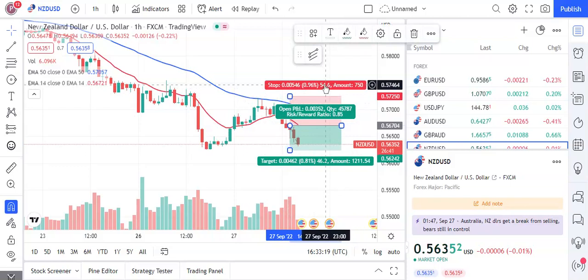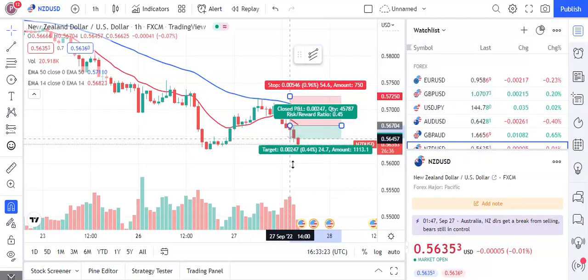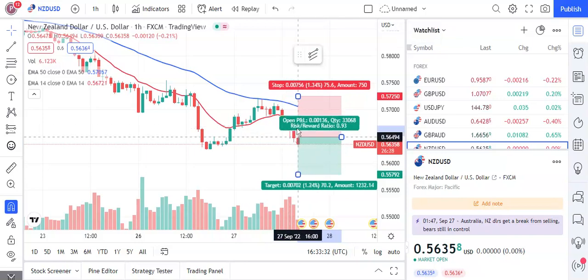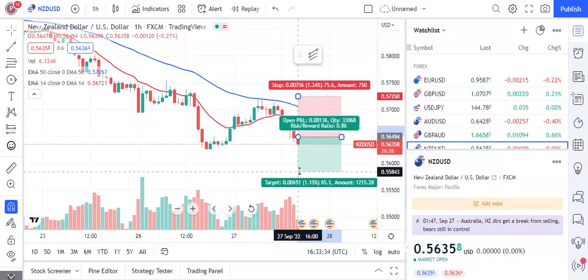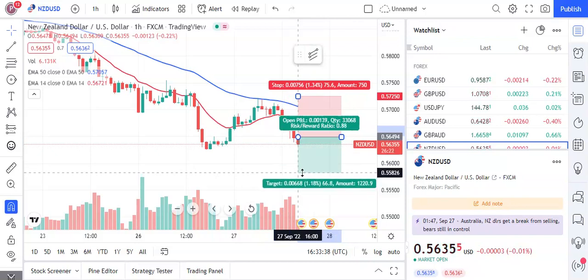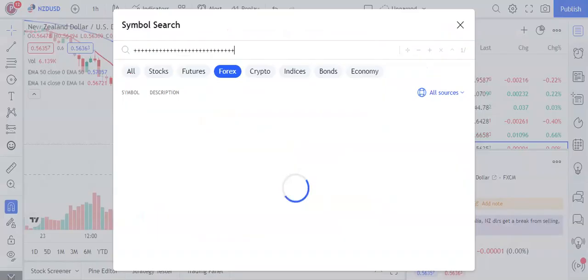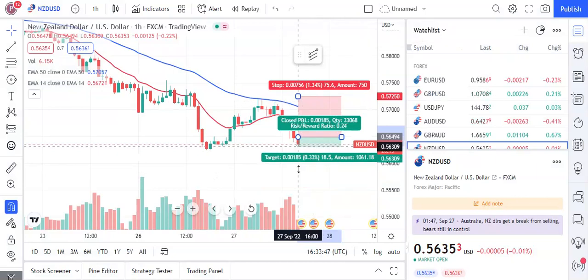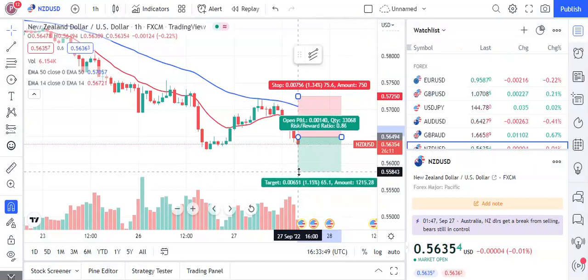The stop loss is 54 pips. If you're going for ratio 1 to 1, you go for 54 pips, so my take profit will equally be 54 pips. Let me try and get it right.